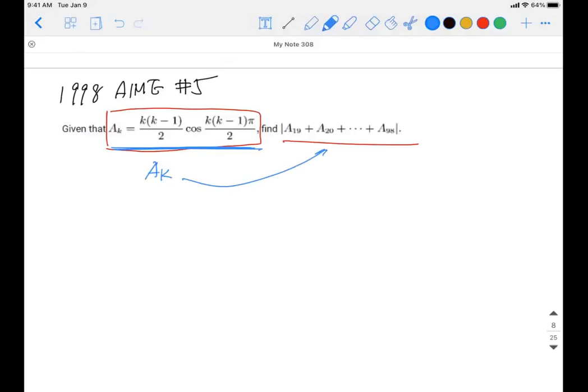As long as you see a weird expression like A19 all the way to A98, there's no way to calculate one by one and put them together.